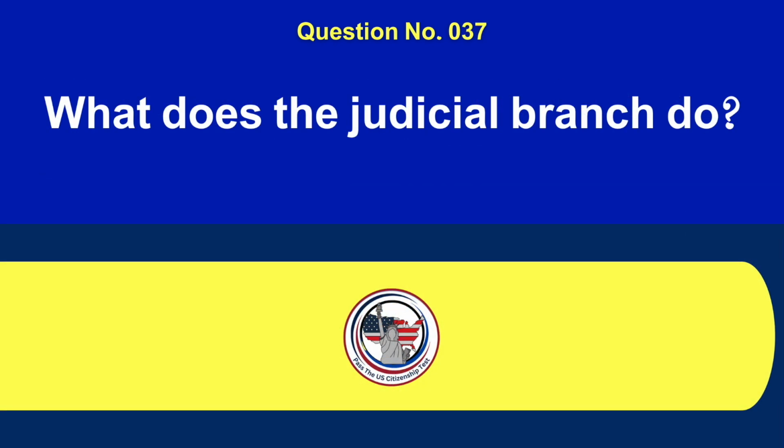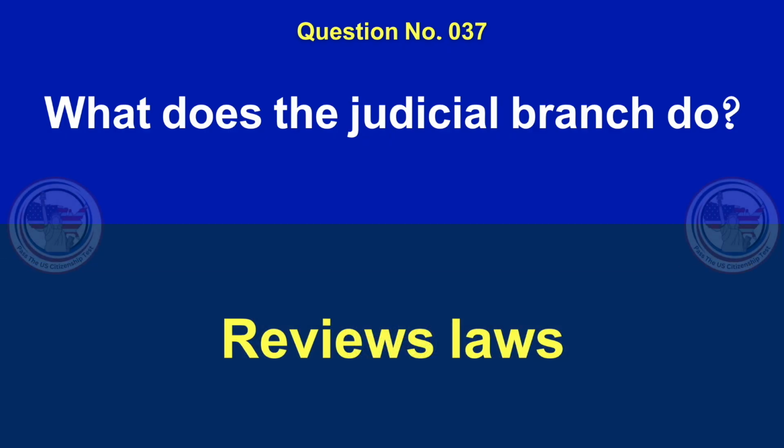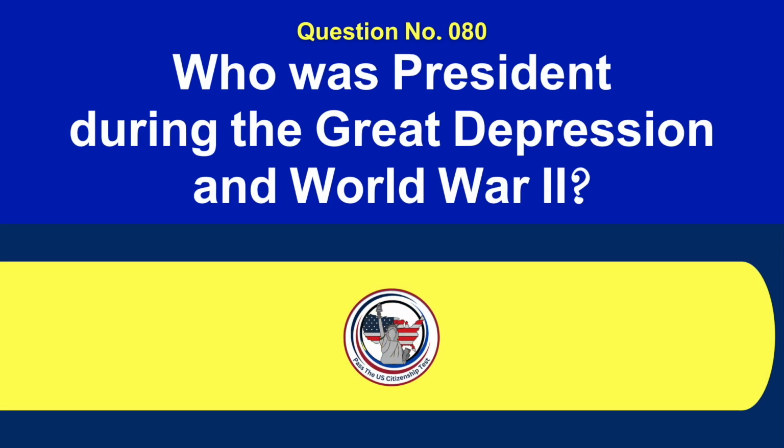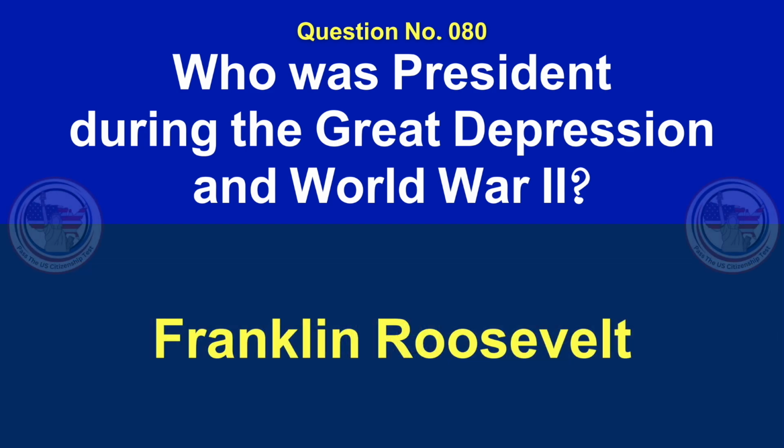What does the judicial branch do? Reviews laws. Who was president during the Great Depression and World War II? Franklin Roosevelt.